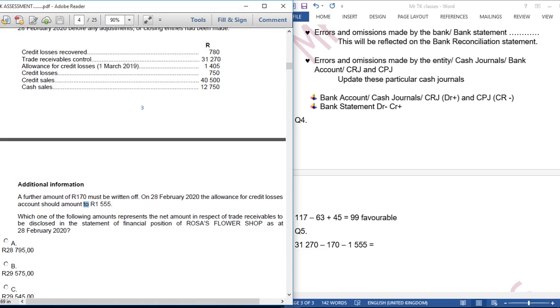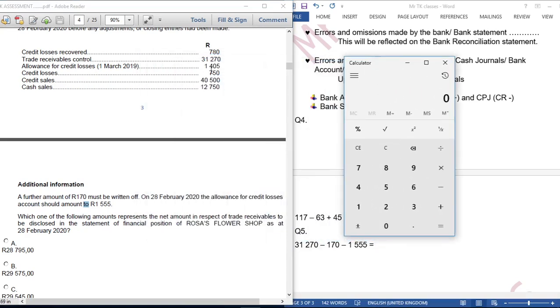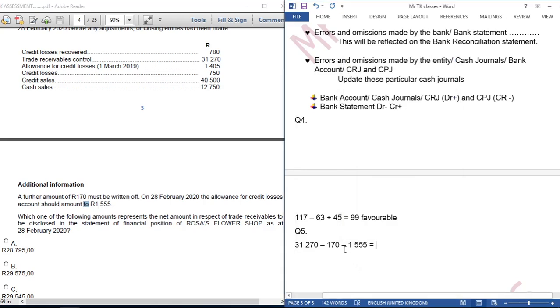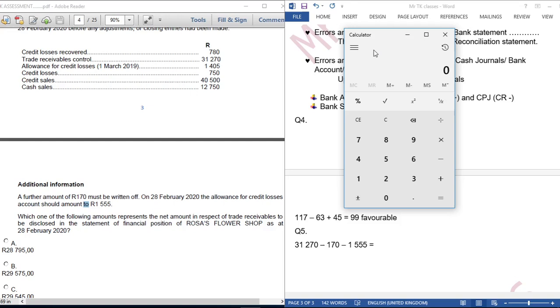For instance, for it to increase from 1,405 to 1,555, it means it increased by 150. In some instances they will write that it must be adjusted by 150. Then you know that what you subtract here is the amount it has been adjusted to, which is 1,555.